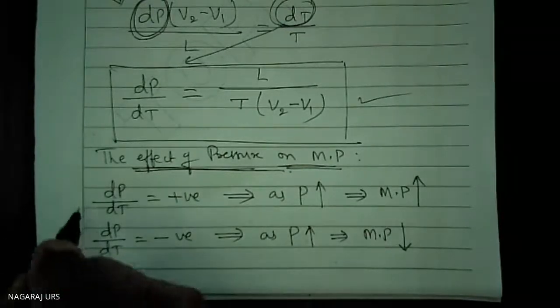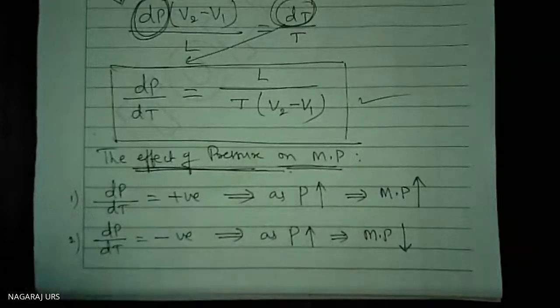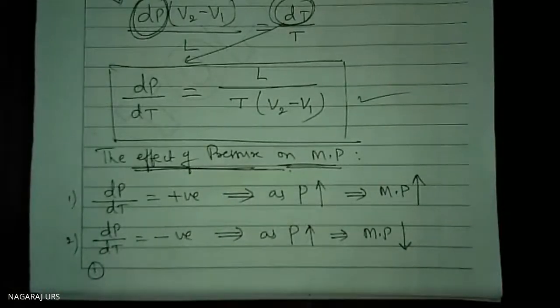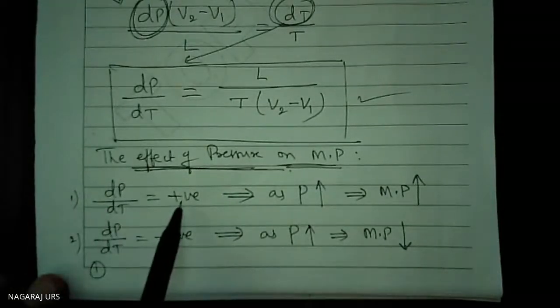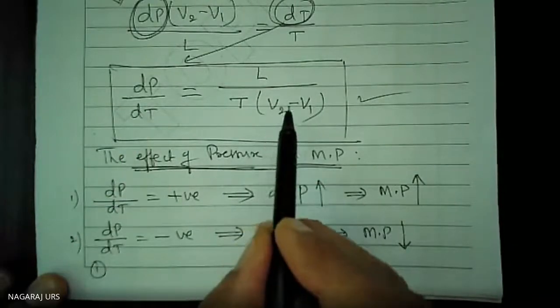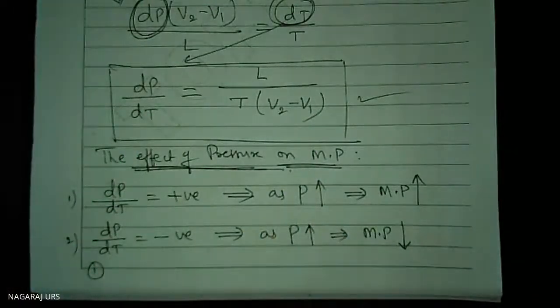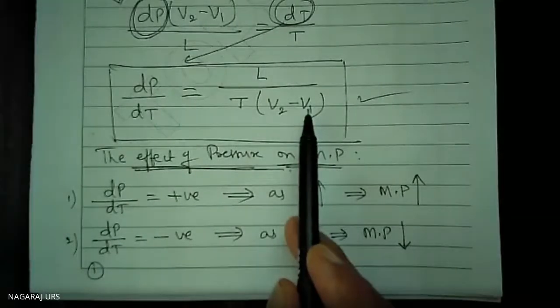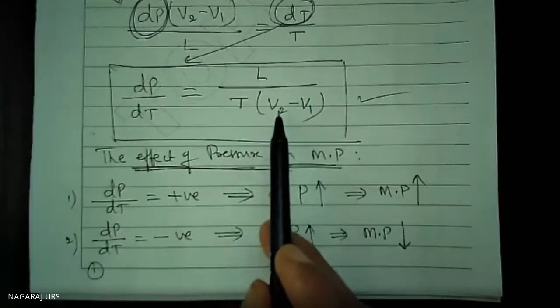First concept, number one. When do you get this positive? Provided V2 is greater than V1. V1 is the original volume, and V2 is the volume after it is heated up.